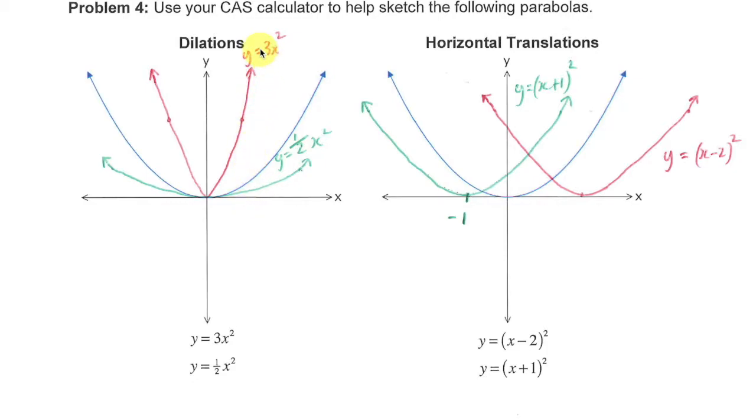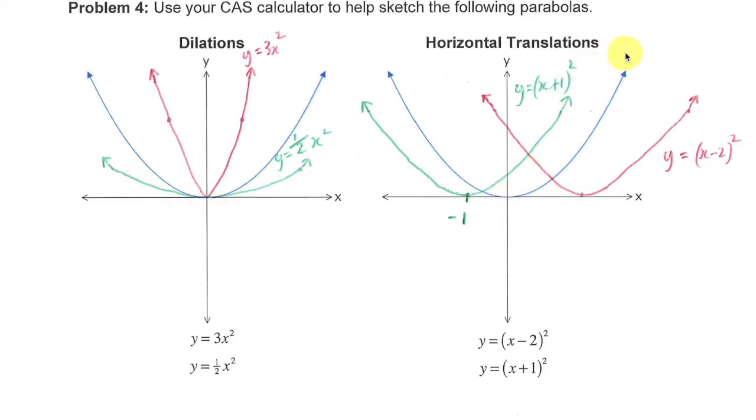And what you can see here is that if a, the value in front of the x squared, is greater than 1, then the appearance of that graph in comparison to the standard will be that it appears narrower. Whilst if it's a fraction in front of the x squared, then the appearance will be that it's flatter or shallower.